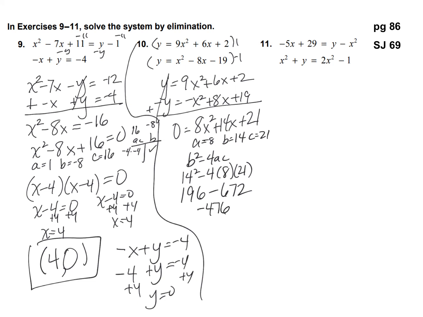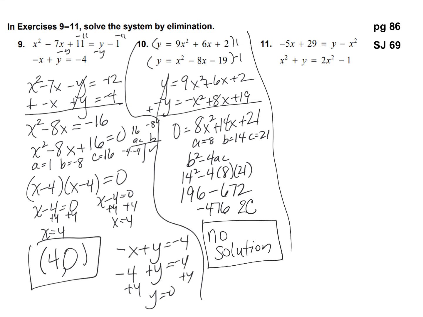I can stop there. This tells me I'm going to have two complex solutions, which means those two parabolas do not intersect. The answer is no solution. There's no point of intersection for those two parabolas. And if you don't think it's true, go type them in Desmos to see how it works out.